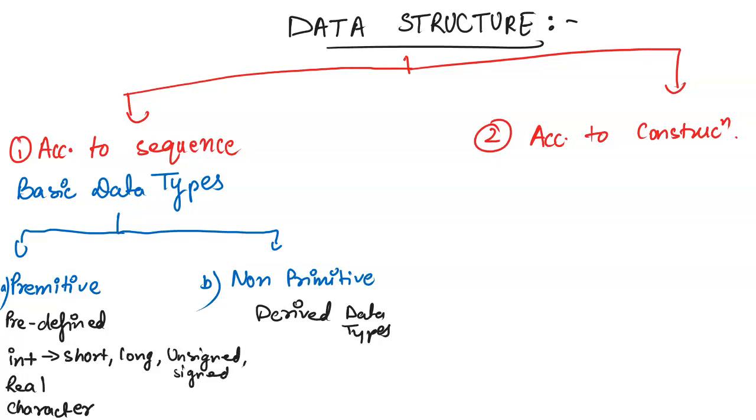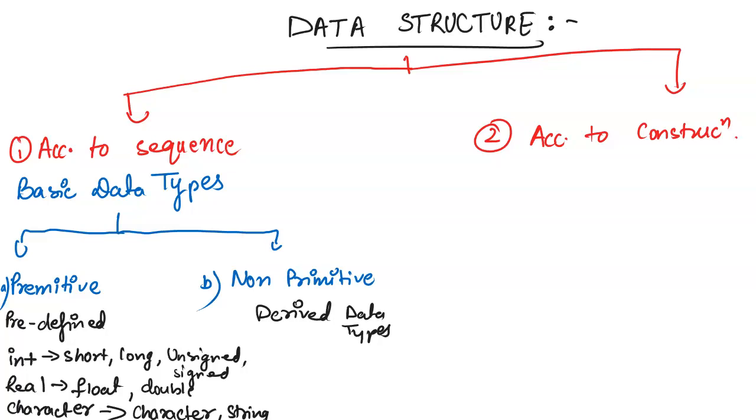The real is divided into two, that is float and double. And the last one is character, which is divided into two: character and string. So this is for the primitive data type.